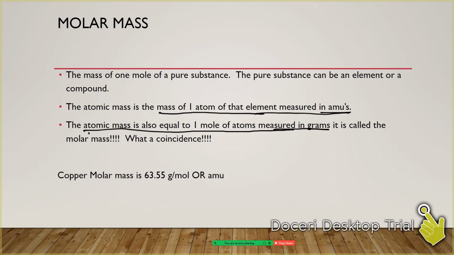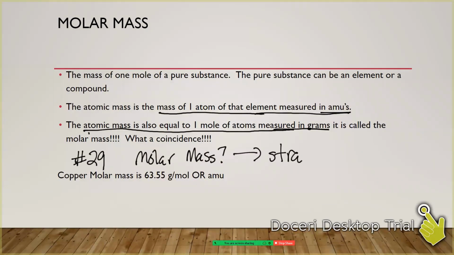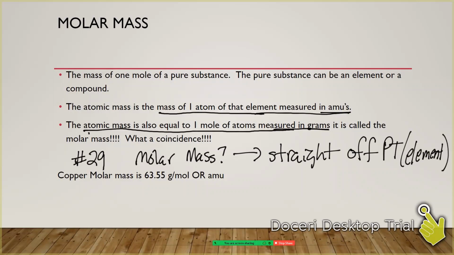So for instance, if I look at copper, and copper is element number 29, and I wanted to know the molar mass of just copper, I would simply get that straight off the periodic table. I'm going to put element in parentheses, because once it becomes a compound, then we have to do a little bit more work.